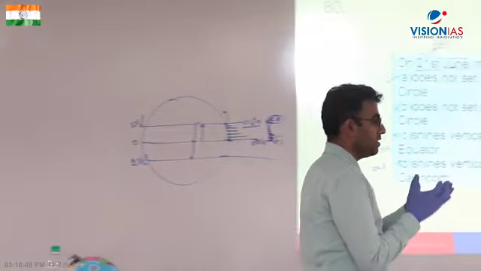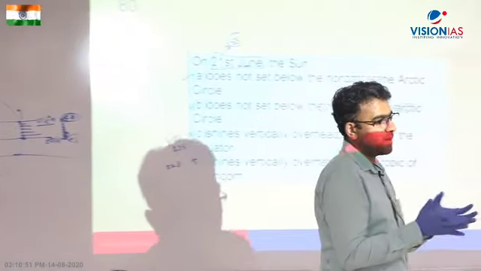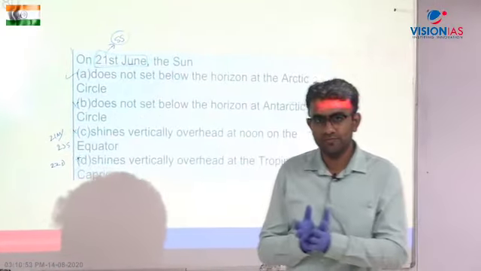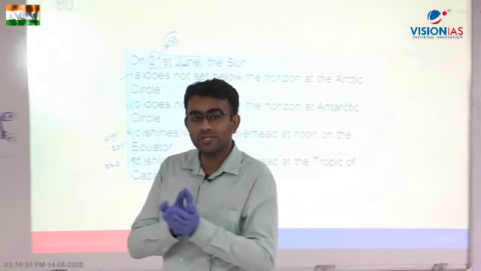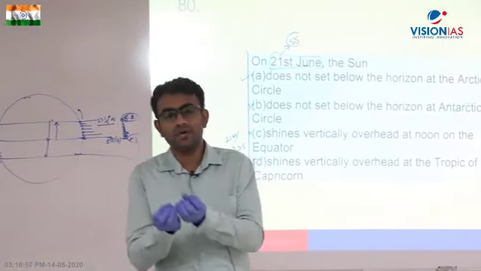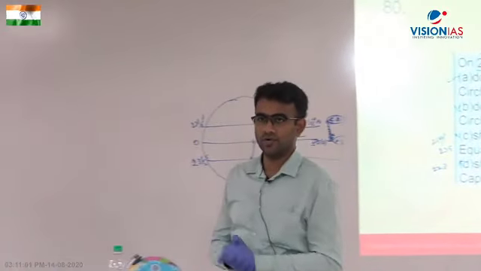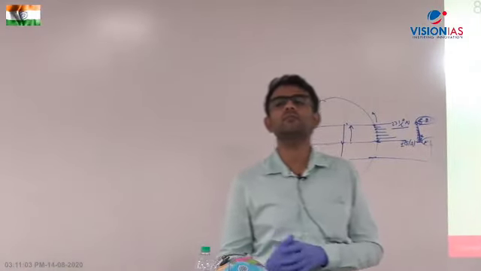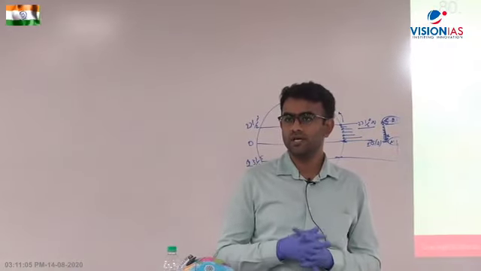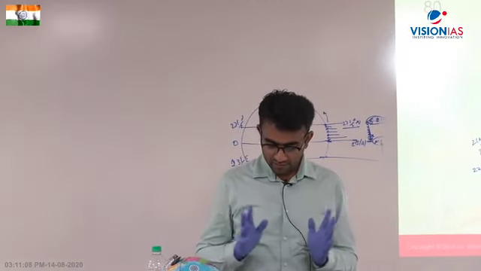At the same time, the polar night would start to expand in the South Pole, from the South Pole to 66.5 degrees south latitude. Good observation. I hope that is clear about the seasons. We have taken enough time.